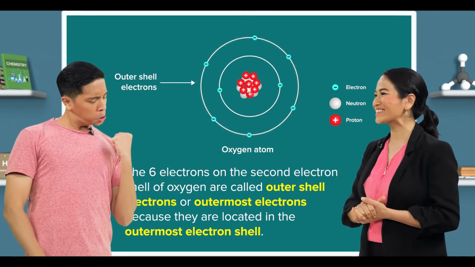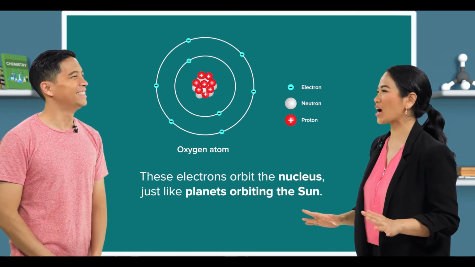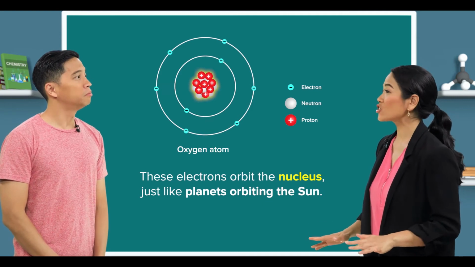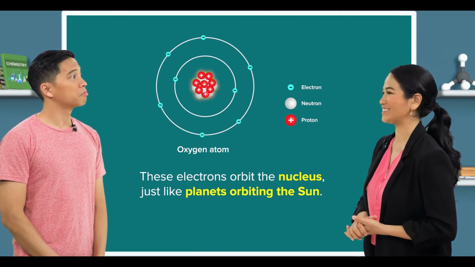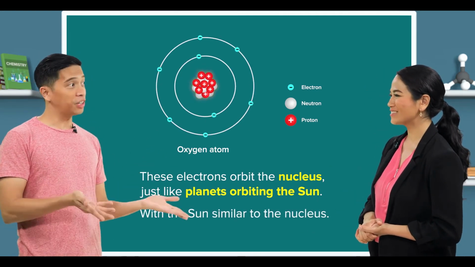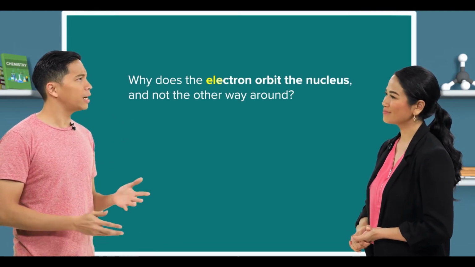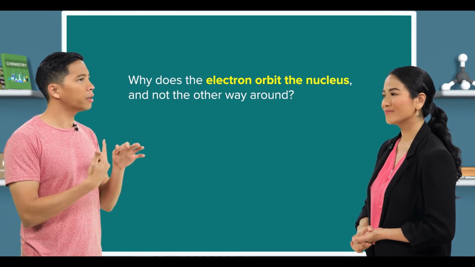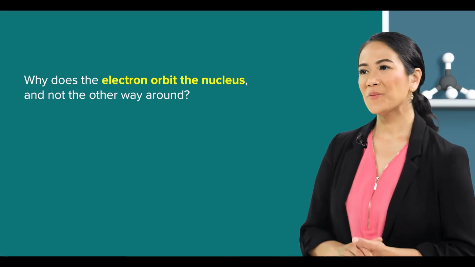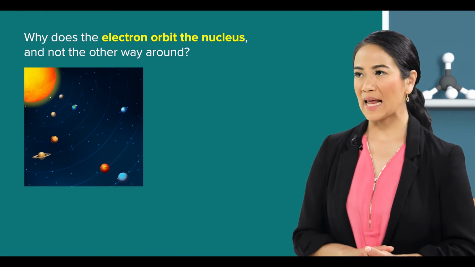That's right! And all these electrons orbit the nucleus, just like planets orbiting the sun, with the sun similar to the nucleus. Yes! But why do the electrons orbit the nucleus and not the other way around? Well, let's use the solar system analogy.